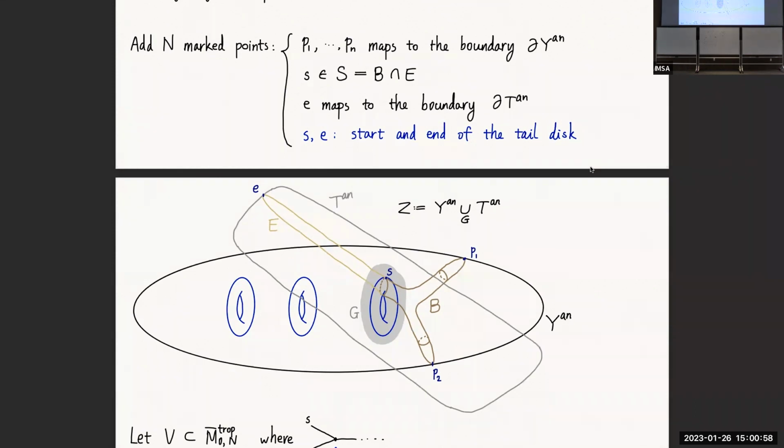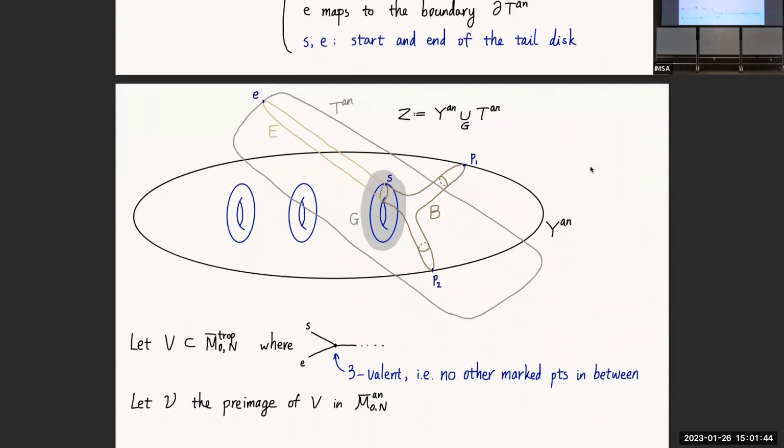And I also add a marked point little s to the circle big S, and then I also add a marked point E to the end of the tail. So here S and E are letters chosen to mean the start and the end of the tail. Because we want to somehow distinguish the body from the tail, that's why we keep these marked points.